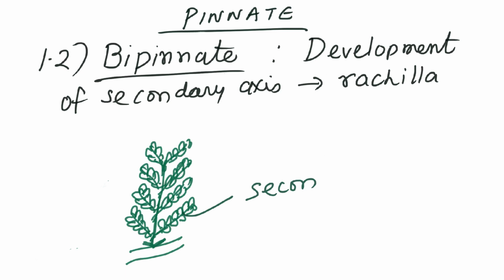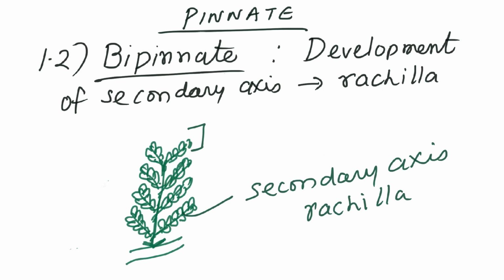So rachilla and the pinnule are two important points to note as far as bipinnate compound leaves are concerned, which is a subdivision under the pinnate category.